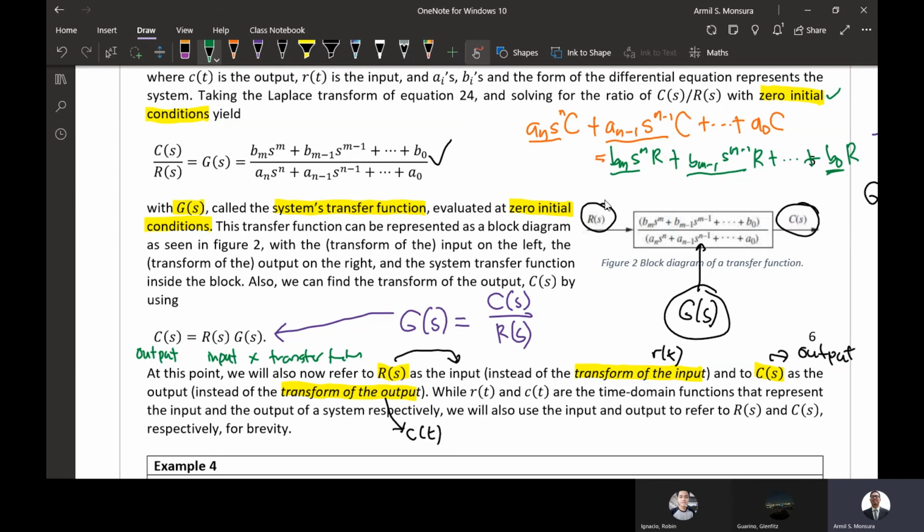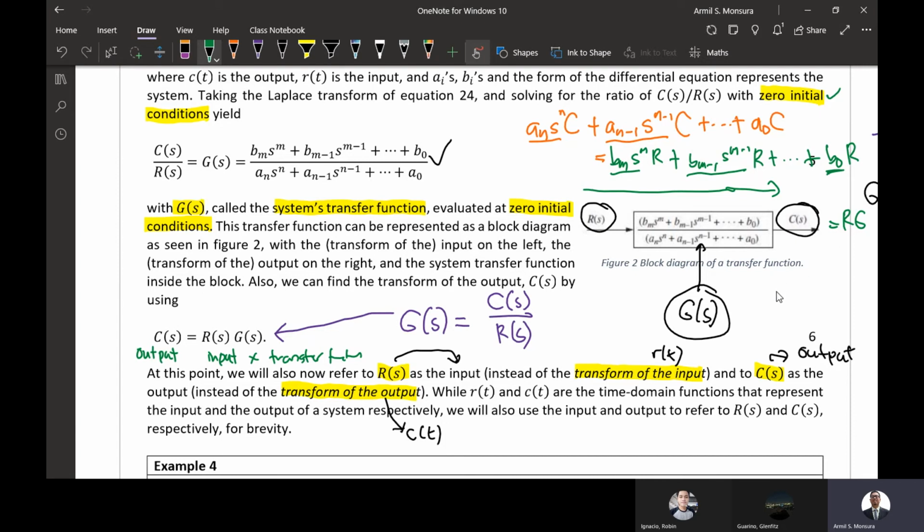Kasi kung R of S ito at G of S ito, then C of S is simply R times G. So, ibig sabihin, kung babasahin nyo lang itong block diagram niyo, parang ang nangyari lang, itong block diagram niyo is actually causing it to be multiplied. Yung description ng block diagram nyo is to be multiplied to the input para makuha nyo yung output niya.